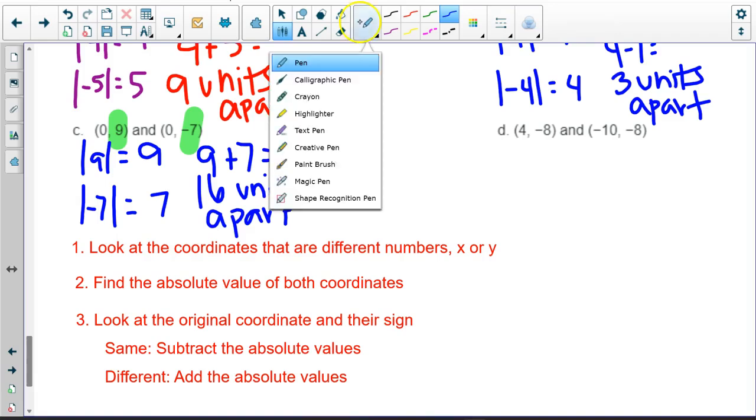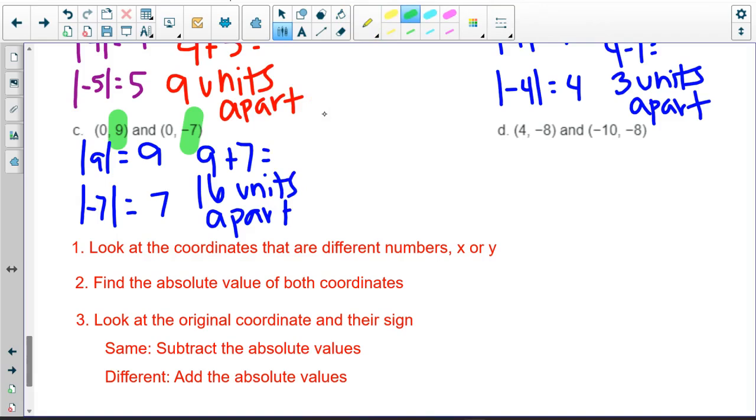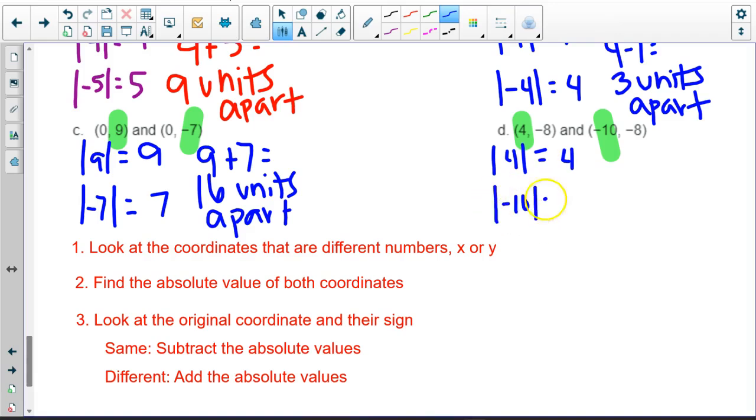And for D, I'm going to look at which ones are different. In this one, my x coordinates are different. My y coordinates are the same. Second step says find the absolute value of both. The absolute value of 4 is 4. The absolute value of negative 10 is 10.